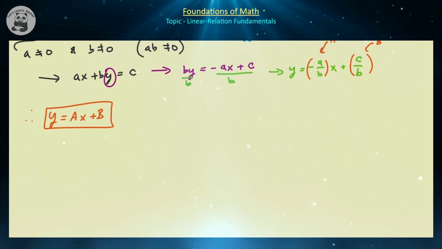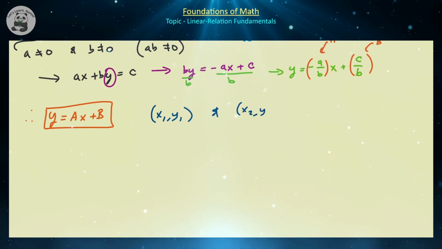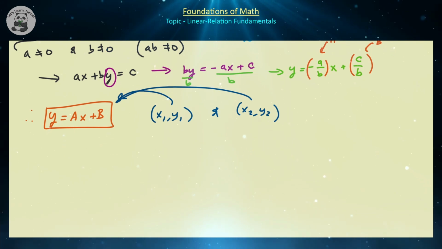Now, one can ask, well, what is so special about linear functions? And is there any special meaning behind these numbers capital A and capital B? So let's first off recall that (x1, y1) and (x2, y2) both satisfy this particular linear relation.